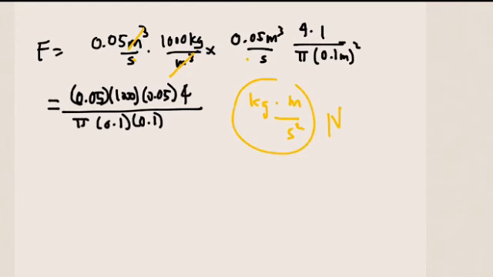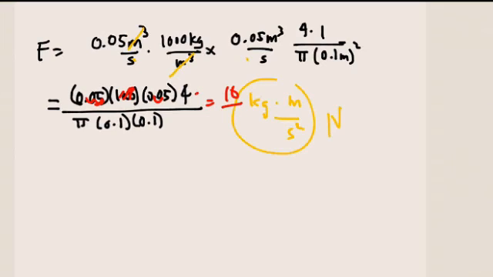I'm going to move these 2 decimal places, so I'm going to get rid of 2 zeros, and then another 0. I'm going to move this 1 decimal place. So we have 5 times 4 is 20 times 0.5, half of 20, is 10. So we have 10 on the top.